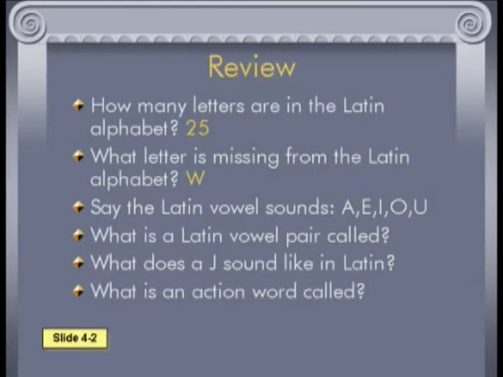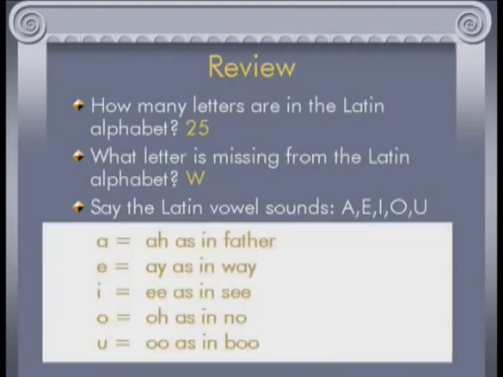Now, we know that there are two types of letters in the Latin alphabet, vowels and consonants, and we know that there are 5 vowel sounds. So let's say the Latin vowel sounds together now. Ready? A, E, I, O, U. Great! We also know that there are 3 funny vowel pairs in Latin.